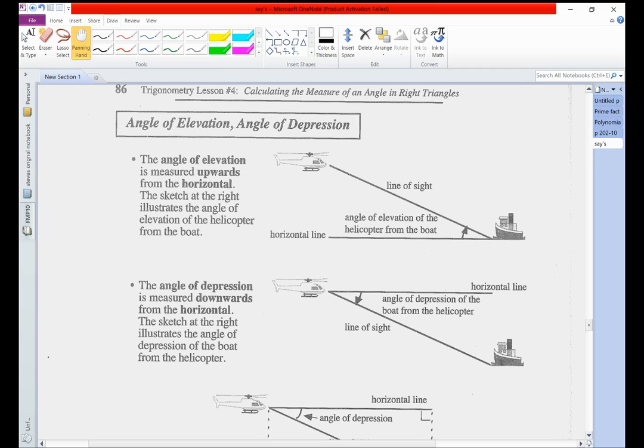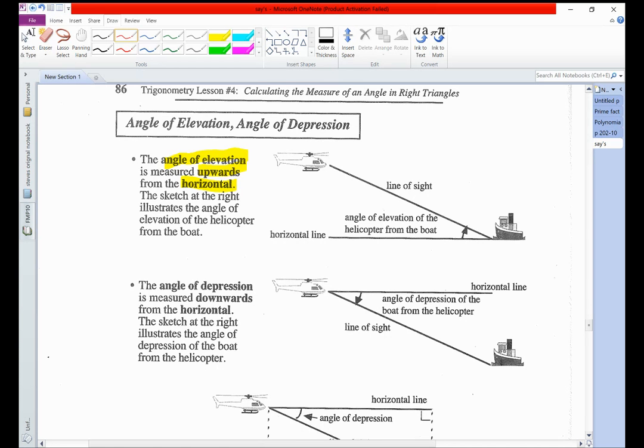So these are just words that come up in a lot of word problems when we're dealing with triangles, and it's important to know what's what. So the angle of elevation is an angle measured upwards from a horizontal line. So you can see in the picture here to the right, we have a helicopter and a boat, and the horizontal line is assuming it's the water there.